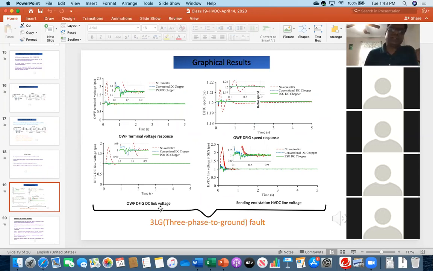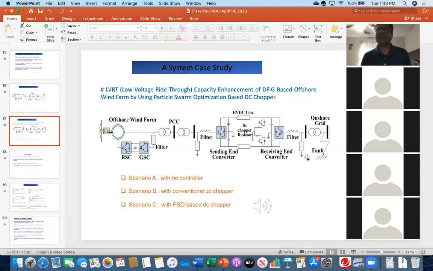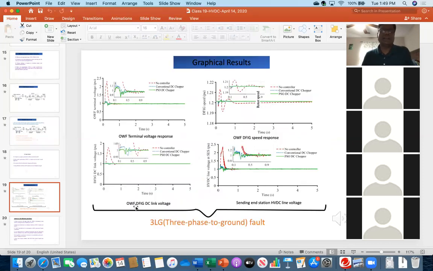As I told you, even though the fault is happening on the rightmost side, the impact is going until the left side, until that wind generator system. So here is the offshore wind farm DFIG generator DC link voltage. The upper response on the left shows the terminal voltage profile, and then this was the DC link voltage.